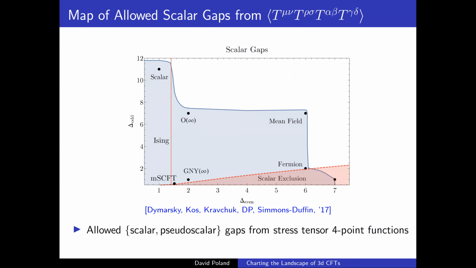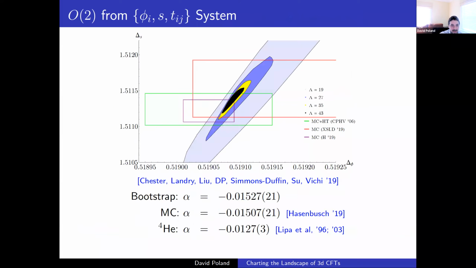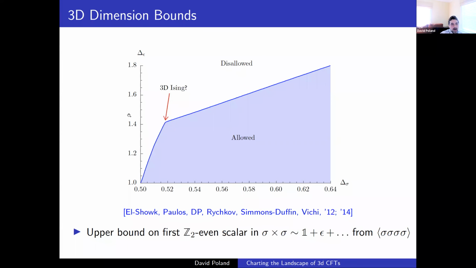I have a question. Why are interesting CFTs at the kinks? That's obviously one of the first questions you should ask. I would say it's not fully understood yet. One way you could think about this is that there's a family of solutions to crossing which live along this upper line.